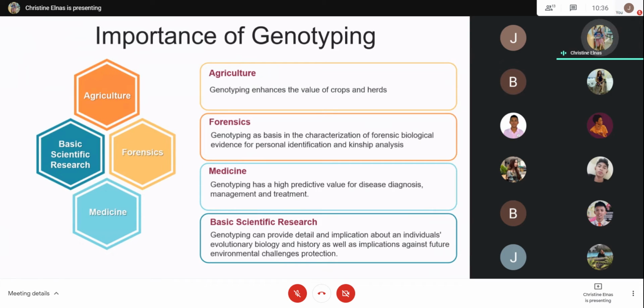Like for example, the making of a vaccine. In terms of transmission and efficiency in causing the disease, can you relate it to genotyping?